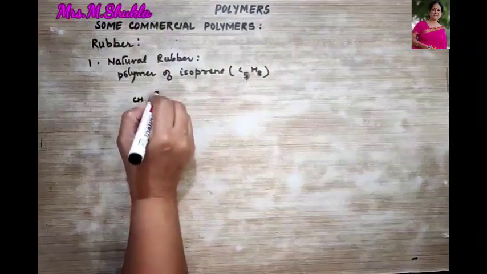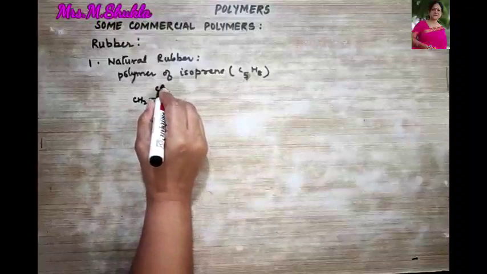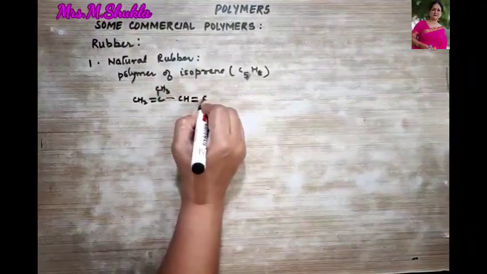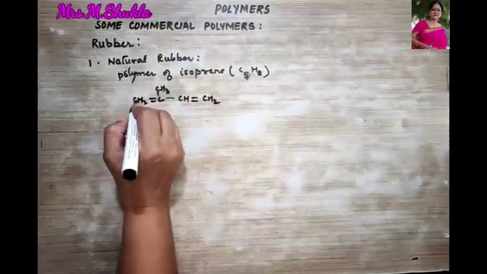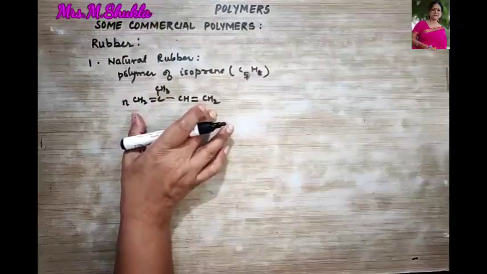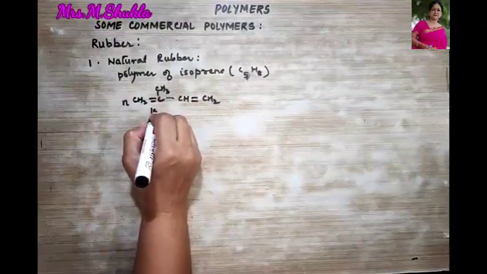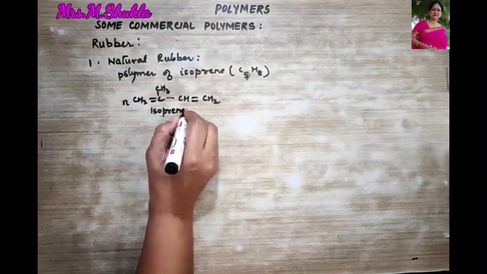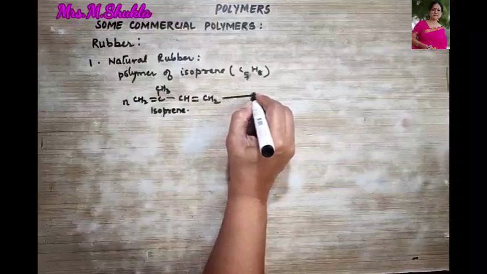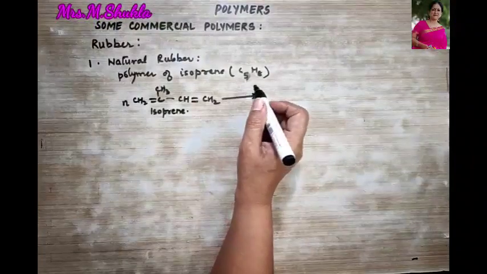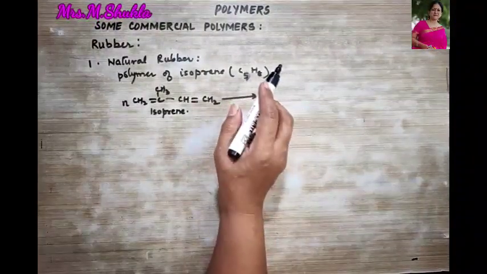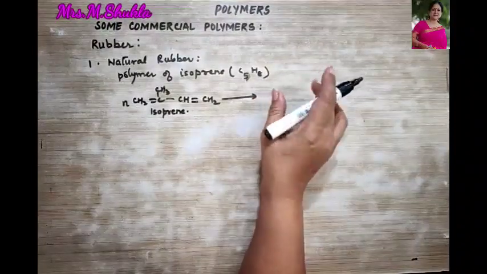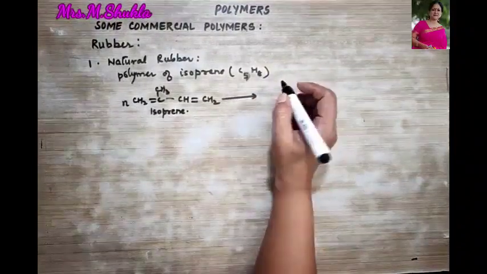CH2 double bond C, CH3, CH double bond CH2. N times of this particular molecule is called as isoprene, right? On polymerization, it is going to give what? Polyisoprene. It is going to give you polyisoprene, which is also your natural rubber.